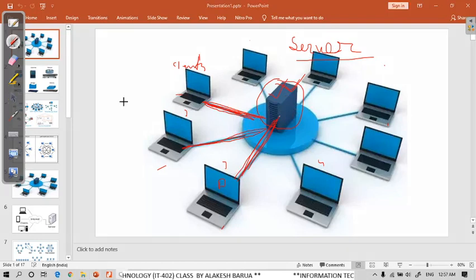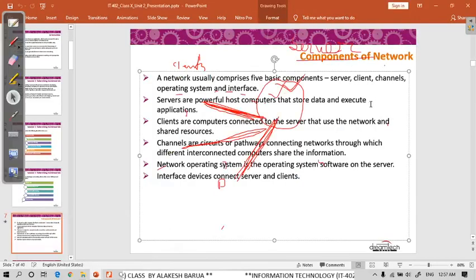Now remember, I told you a connection can be either wired or wireless. So a channel is nothing but any medium which connects a client to a server, or which connects one computer to another computer. That is a channel.